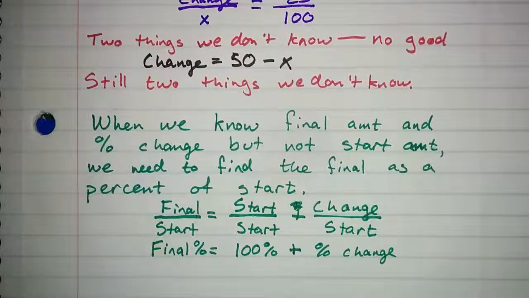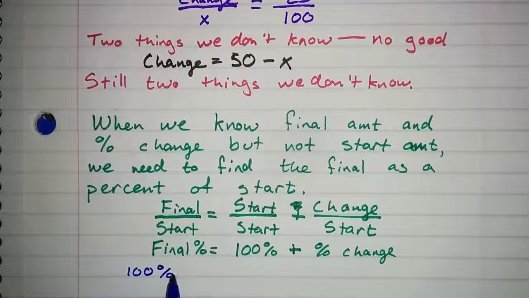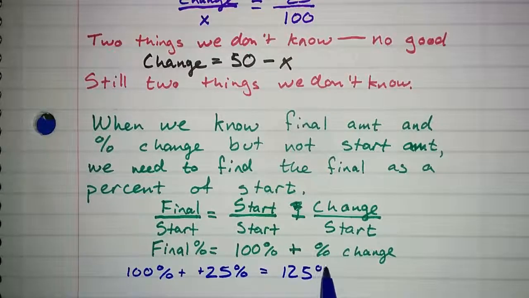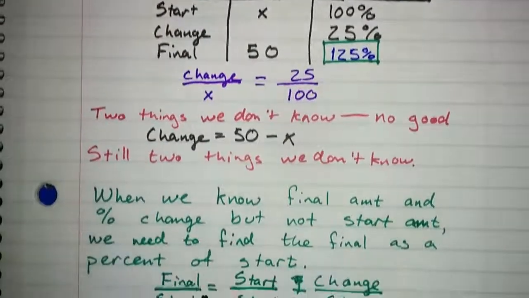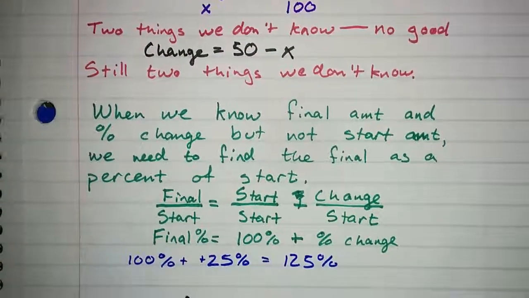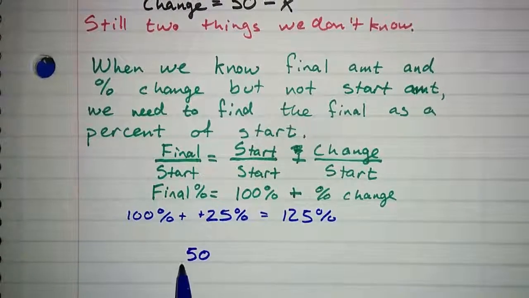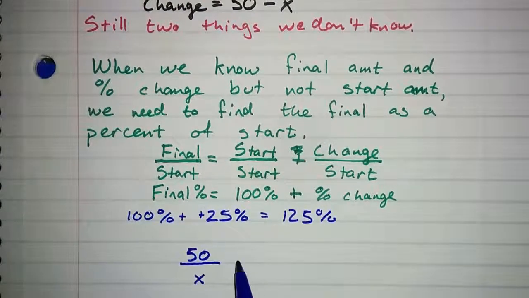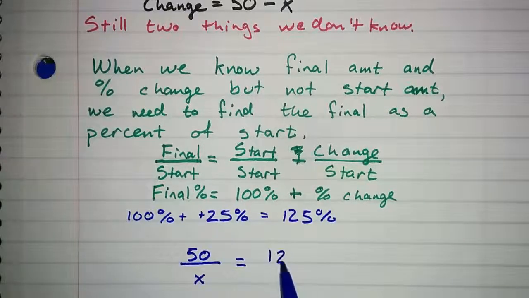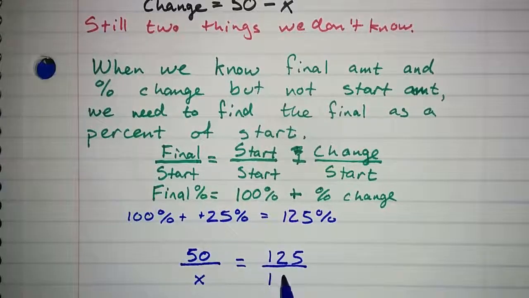In this case, the final percent is 100% plus positive 25%, which is 125%. So the final amount, 50, over the starting amount, x, is going to be 125 over 100, 125%.